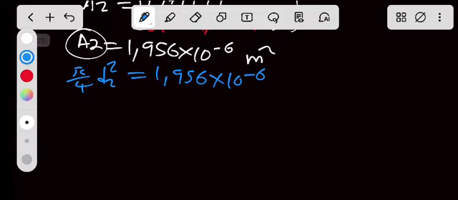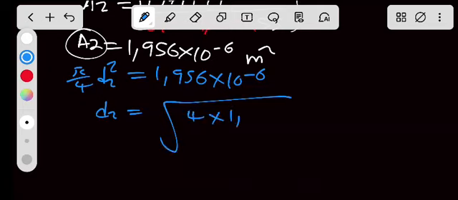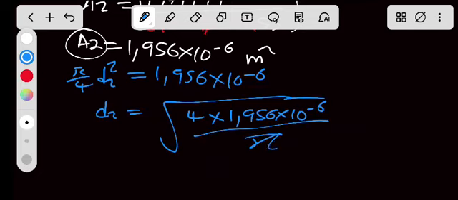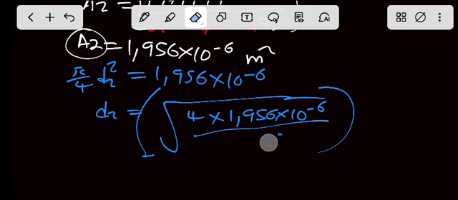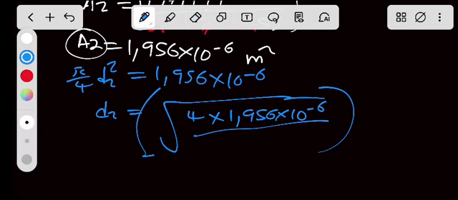Then d2 will be the square root of 4 multiplied by 1,956 times 10 to the power of minus 6 divided by pi. Then we'll obtain our value here.